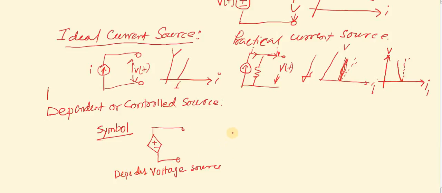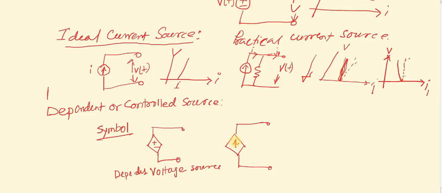And this is the ideal dependent current source. This is the symbol of a dependent current source.